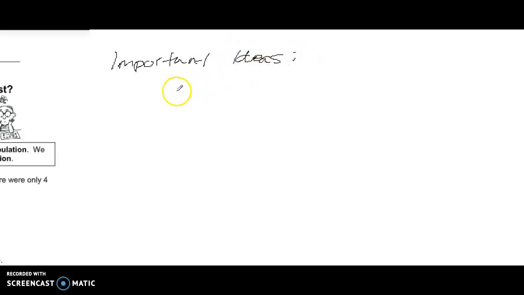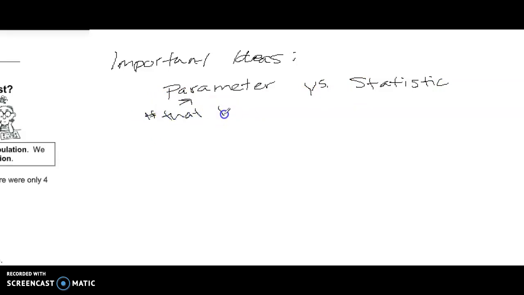The first one is the difference between a parameter and a statistic. A parameter is a number that describes a population, and that's going to be everyone, in our case, using all the scores.